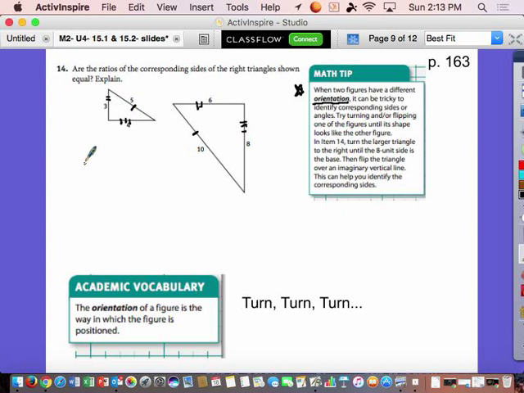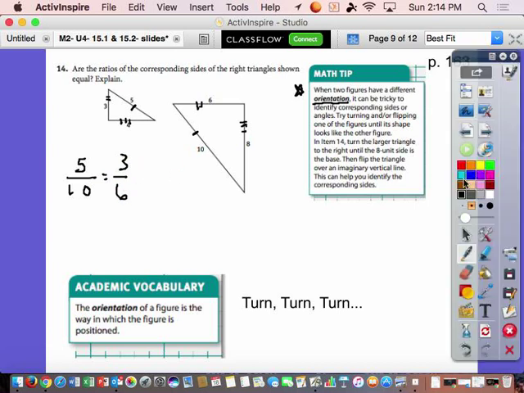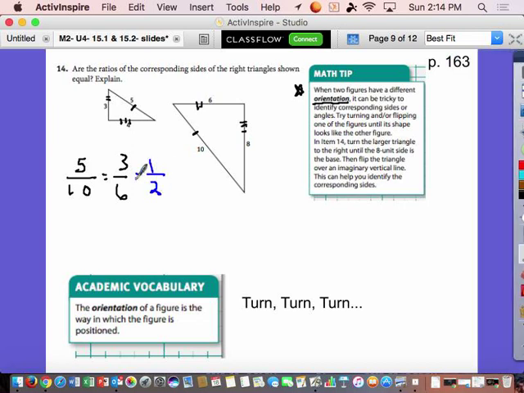Okay, I'll put this one side, 5, over this one side, 10. And I'll put this side right here. Does that equal this side, which is 3, over this one, which is 6? Well, 3/6 we know reduces to what? You're right, 1/2. Does 5/10 reduce to 1/2? Yeah, it sure does. So yes, these are similar triangles.